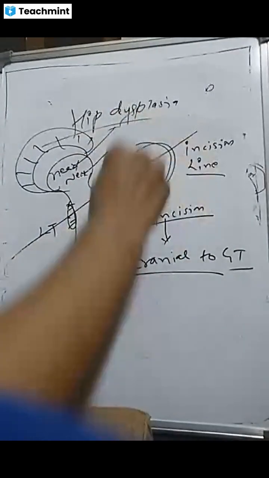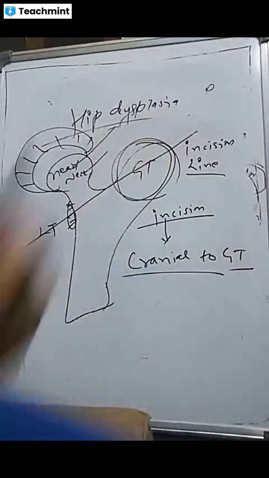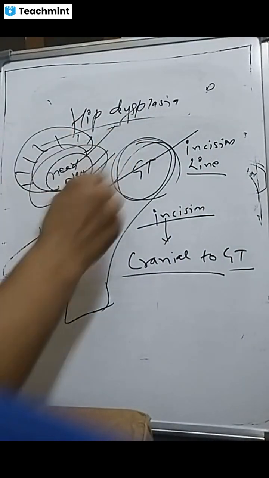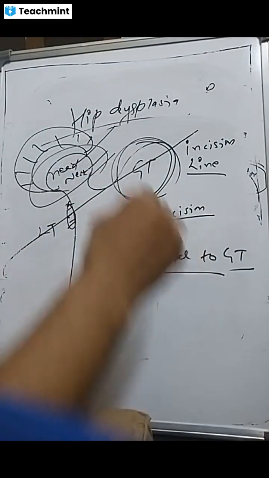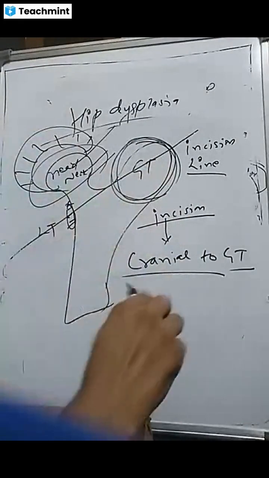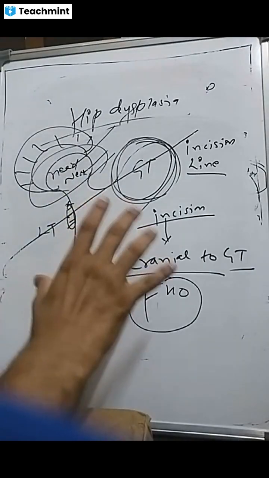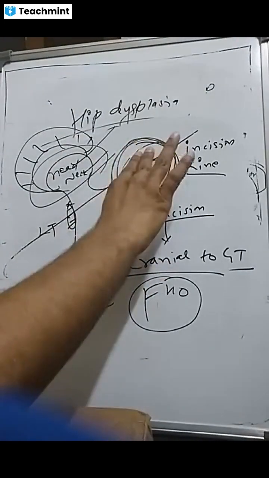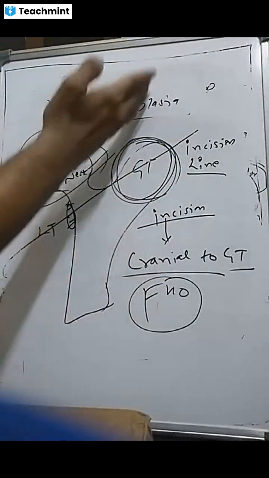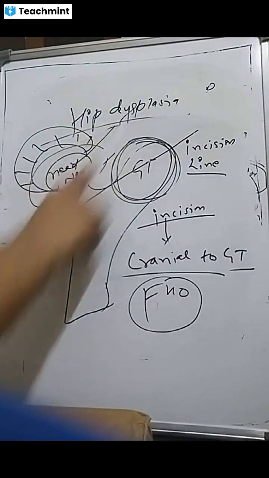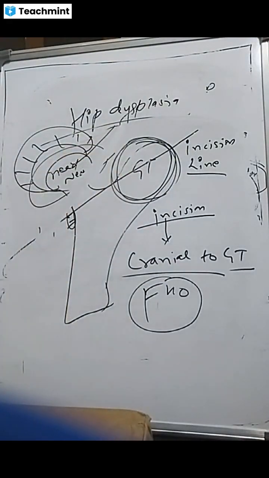If you know the position of the greater trochanter, you should go cranially, because cranial to the greater trochanter there is the head, so the greater trochanter acts as a landmark to start the FHO surgery. After that remove the head and neck.